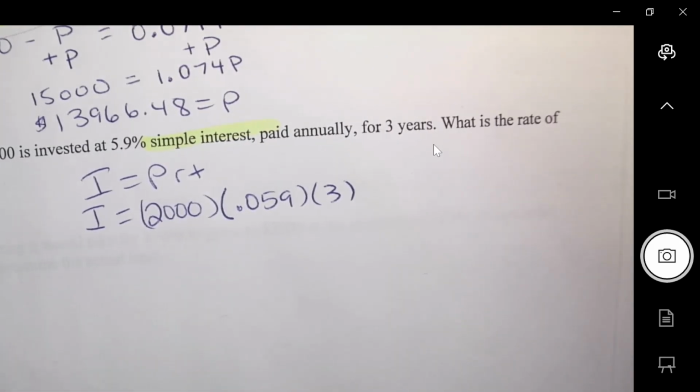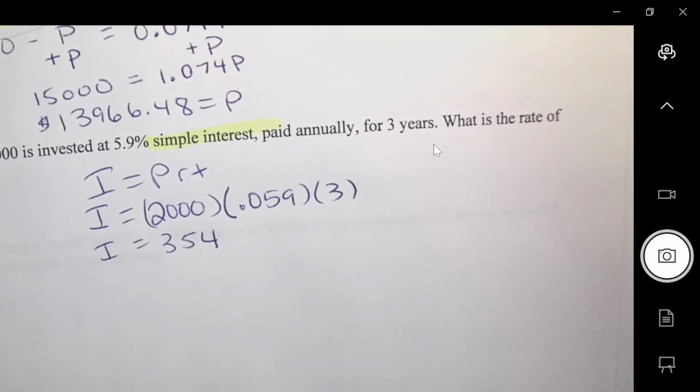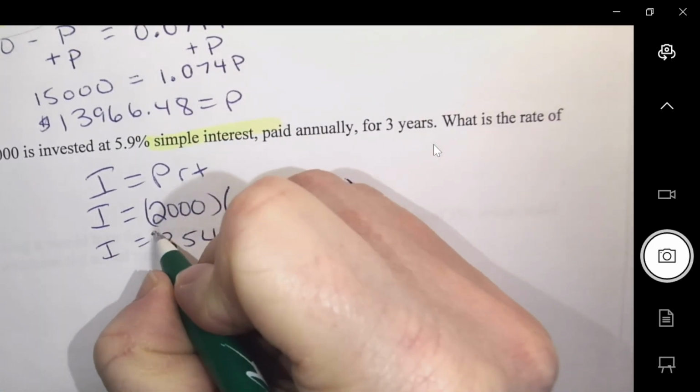So that one is just straight typing. So that's how much interest I earned.